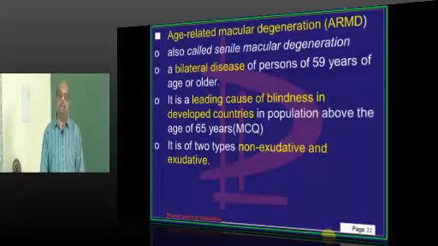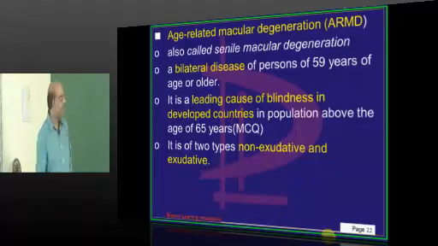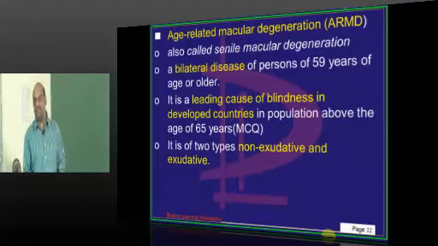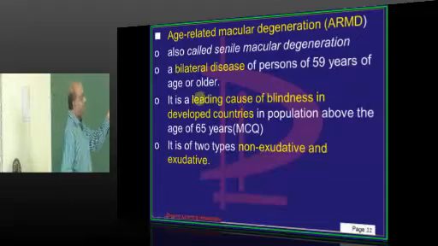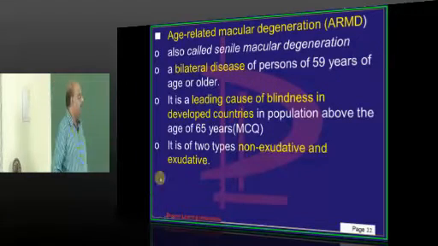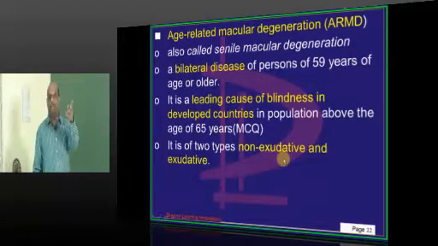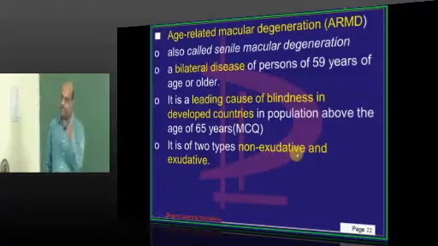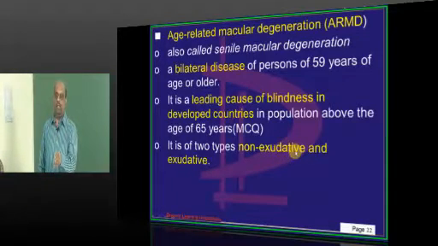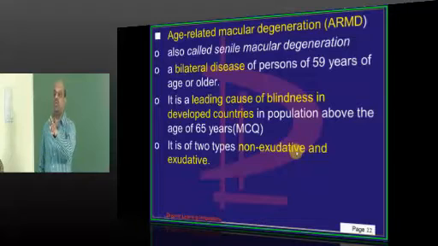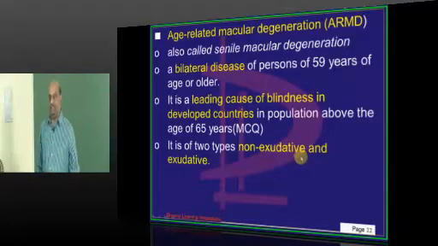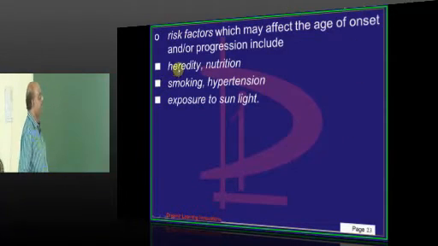Age-related macular degeneration. It typically occurs in people above 59 years, and it is of two types: non-exudative and exudative. Whenever there are two types, examiners love to know which is the most common type. So you must be quite sure.